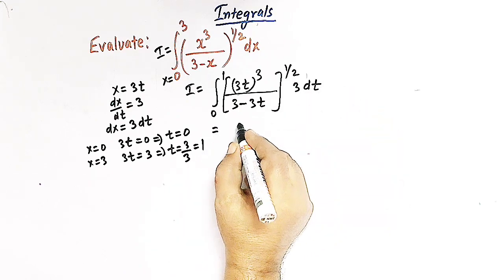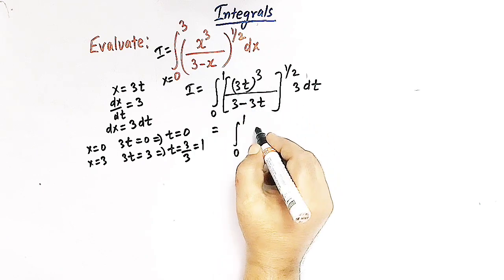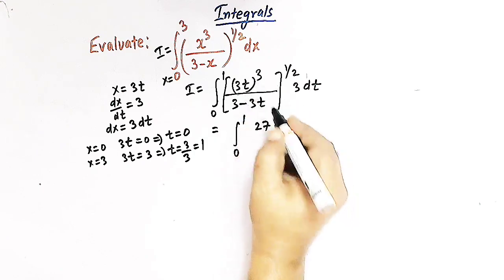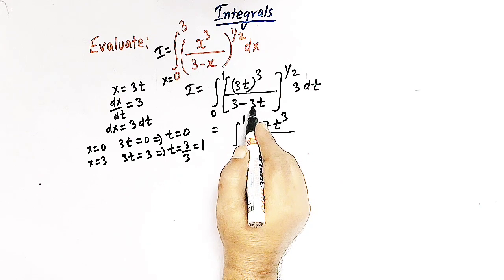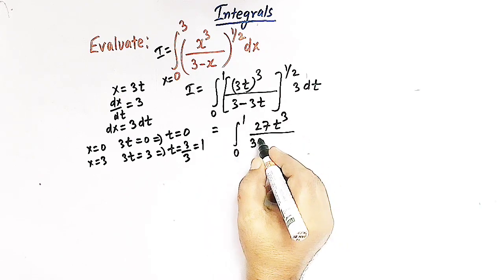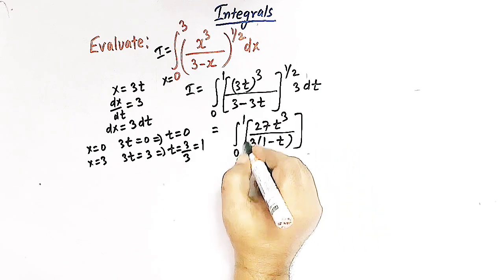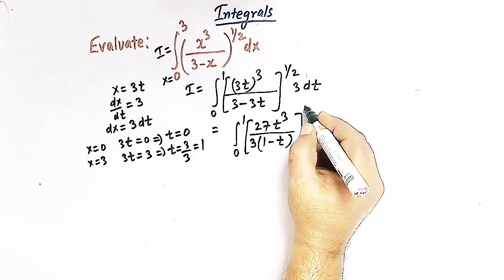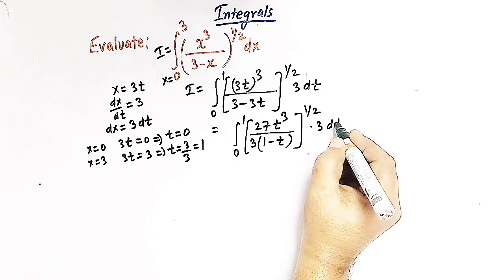So now we can write 0 to 1, and here 3 cube is 27, and this is t cube, and in the denominator we can take 3 common, so we have 1 minus t, and here we have the power, that is half, and here we have 3 dt.